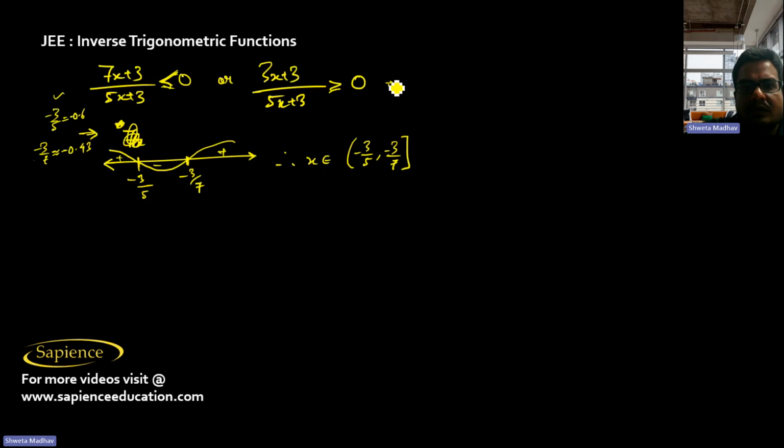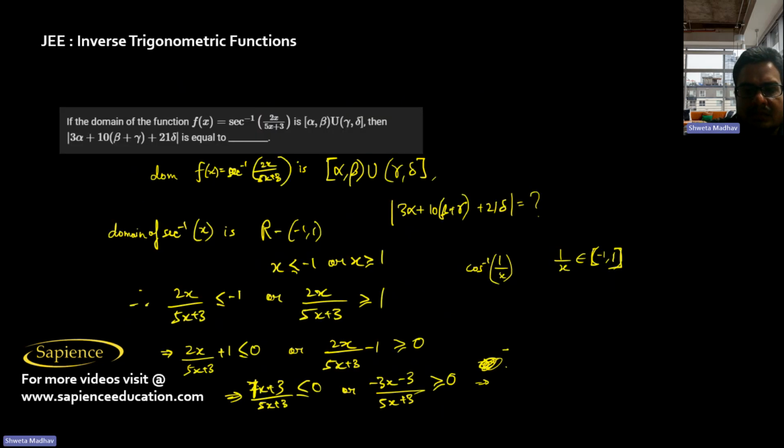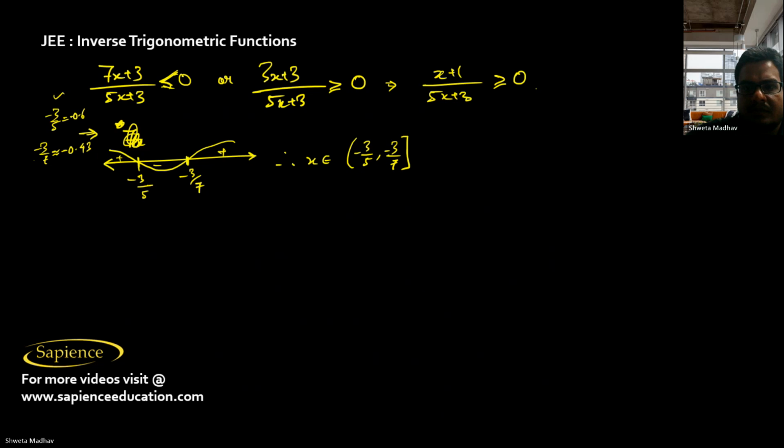And from here we can say x plus 1 by 5x plus 3 is more than or equal to 0, since from here 3 I can take as common. So the critical points are minus 1 and minus 3 by 5.